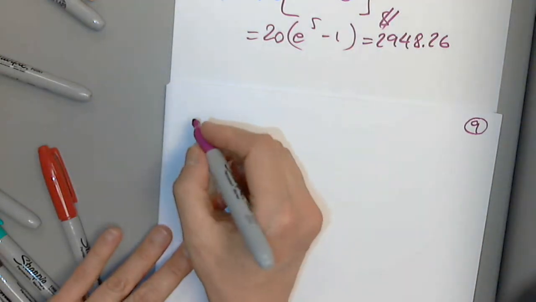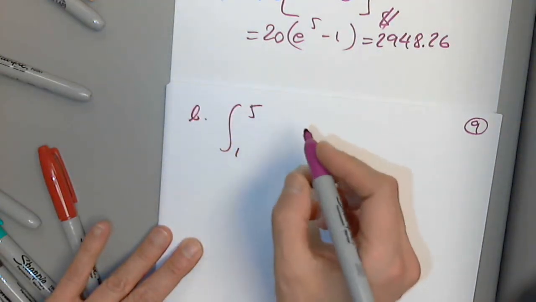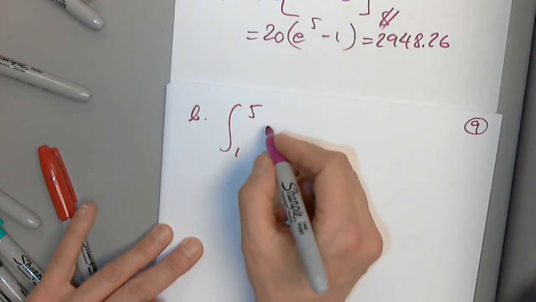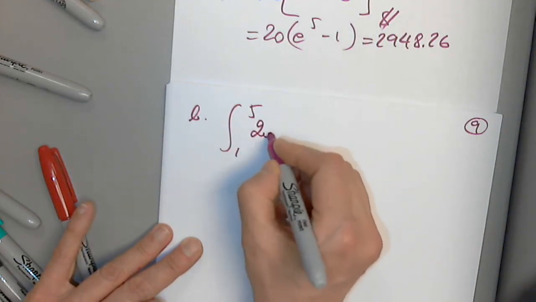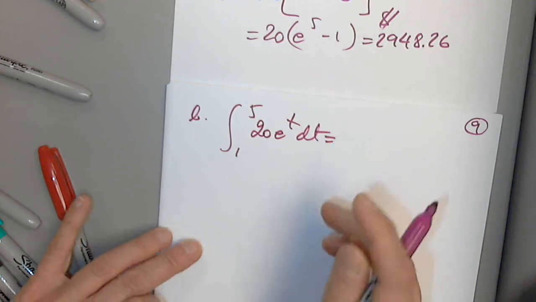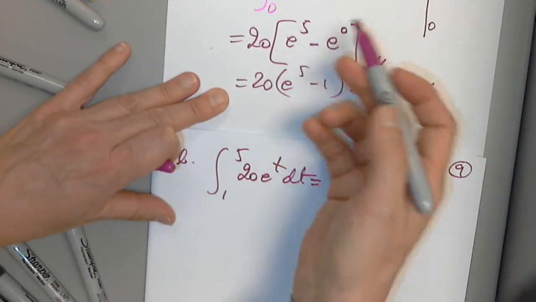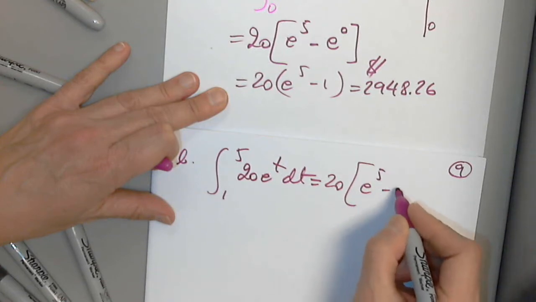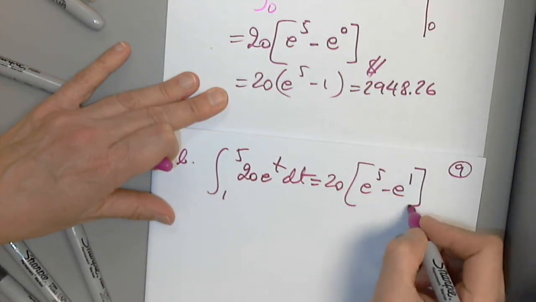So that's part B, the integral from 1 to 5 of the same thing, 20 e to t dt. I don't have to reinvent the wheel. It's the same thing. I get 20, and I get e to the 5th minus e to the 1st power.